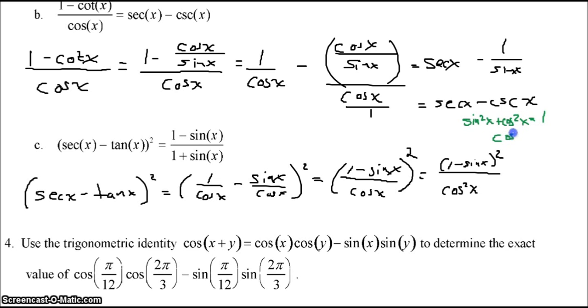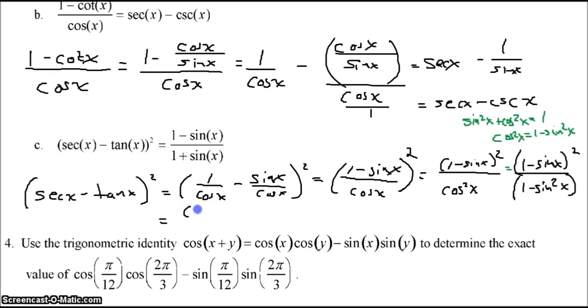That means that cosine squared x equals 1 minus sine squared. So we could rewrite this as keep the numerator the same, and the denominator we could put 1 minus sine squared x. And it seems closer to what we want, but still not quite what we want.